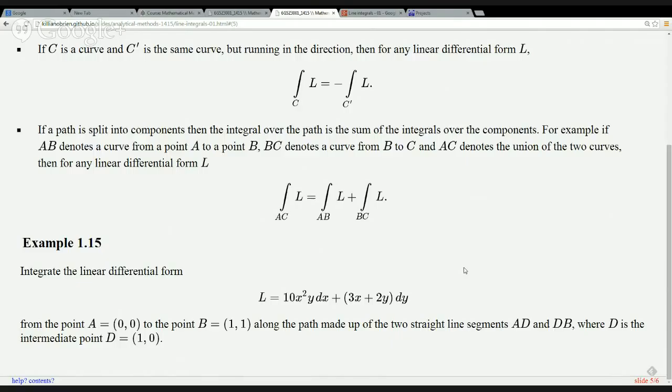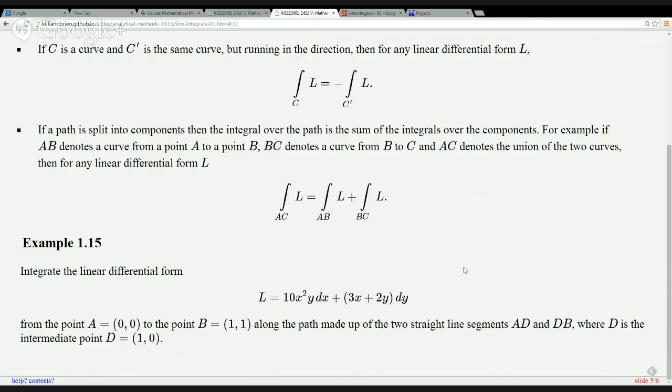Because C1 has the nice description that the y variable is always 0. And so the differential dy is 0 as well, because the y variable isn't changing at all. So that's very simple behavior for y, and the x variable is starting at 0 and proceeds to the value 1.